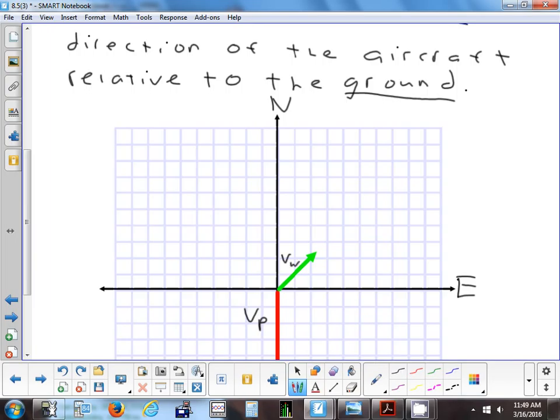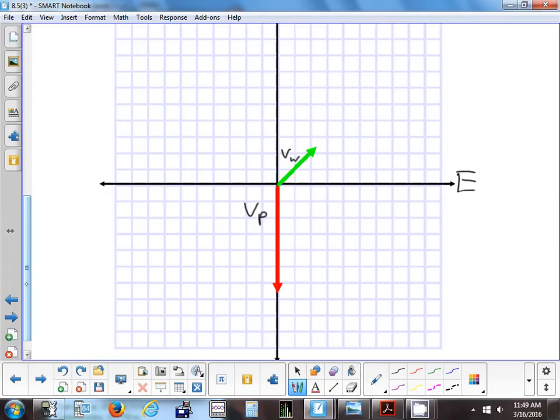So is the jet stream going to help the plane, or is the plane fighting against it? Fighting. Yeah, the plane is trying to fly south. The jet stream is blowing up and to the right. So this is going to slow the plane down. And if I want to find out where it's really going to go, put that there. That's the actual direction the plane is going to go.